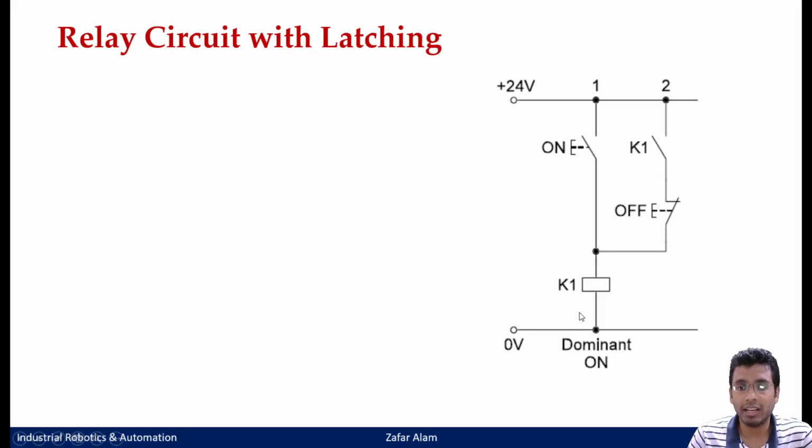That was the first circuit path. In the second circuit path, we have an open contact of the same relay K1 along with a normally closed push button switch. The normally open push button is designated as ON, and the normally closed push button is denoted as OFF in this circuit diagram.